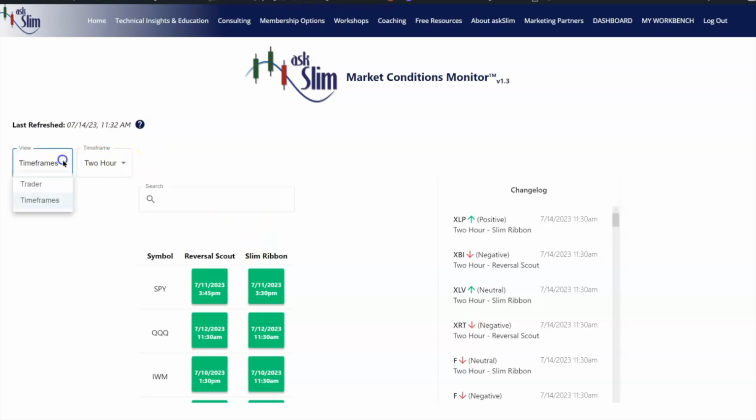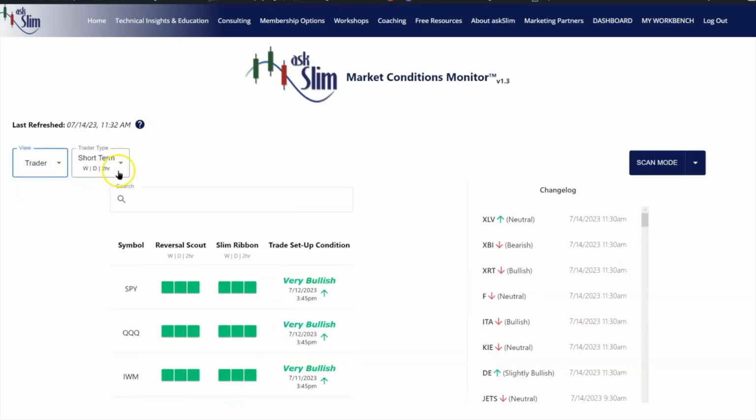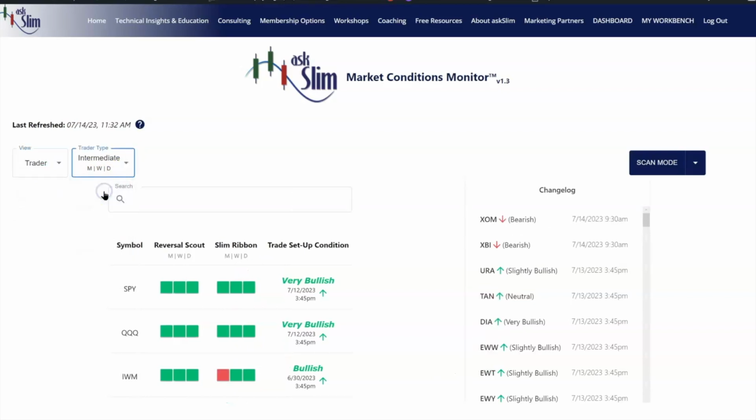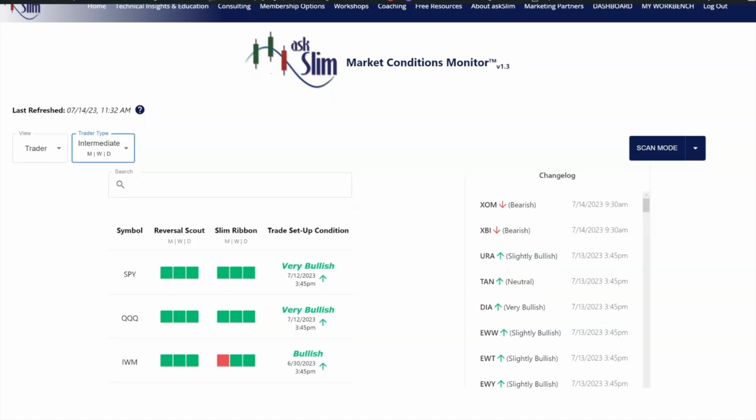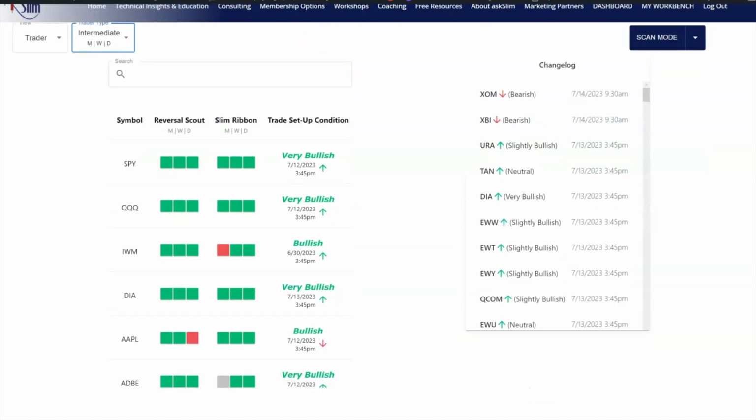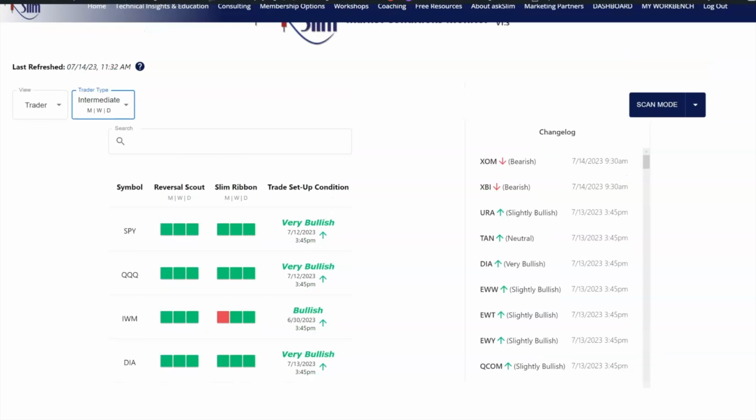So what I want to do is go back to the trader mode right over here. I'm going to choose the intermediate right there, and I want you to see the intermediate readings as I look at the readings here on the 4 indexes that it has: S&P 500, the NASDAQ, and the Russell.